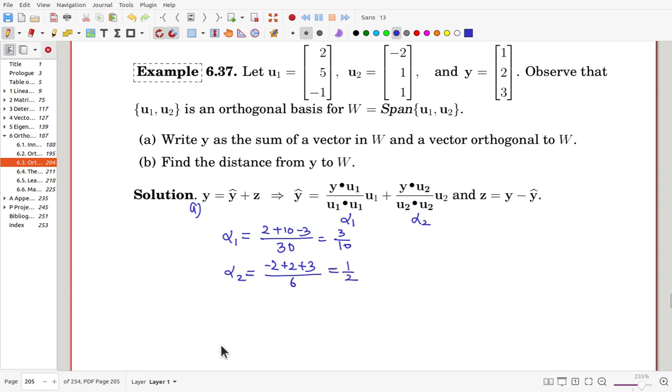So here y hat must be 3 over 10 u1, which is 2, 5, minus 1, plus a half u2, which is minus 2, 1 and 1.